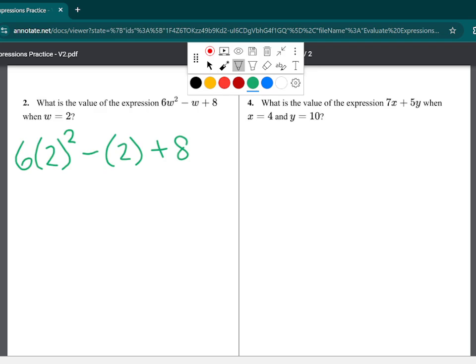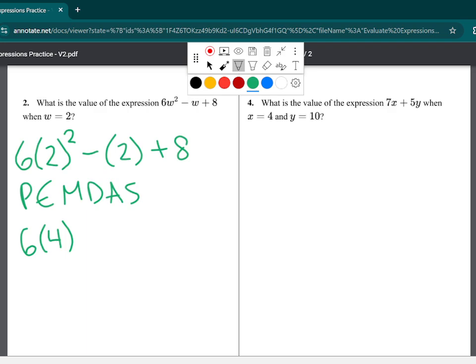So remember your PEMDAS: parentheses, exponents, multiplication, division, addition, subtraction. There is nothing to do in the parentheses right now, so the first thing we're going to focus on is those exponents. 2 to the second power is 4.